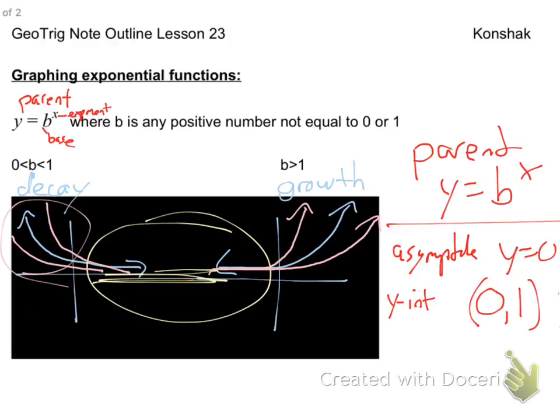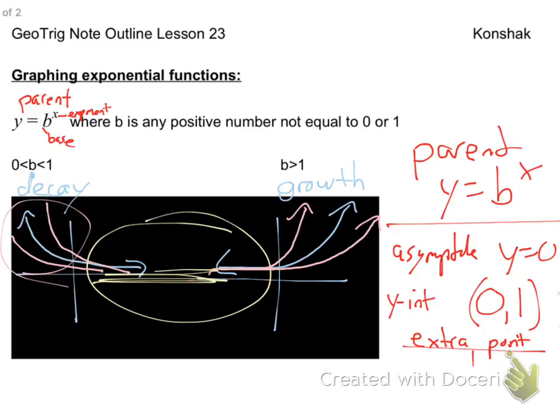We need to come up with a way to figure out where the tail is going so that we can graph it correctly. This is how I figure it out. I am going to find an extra point.